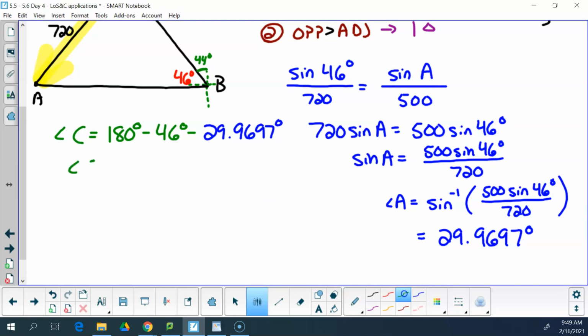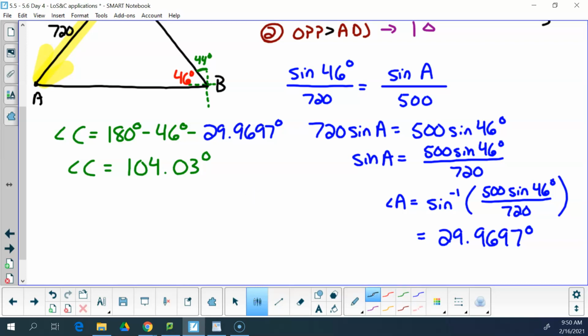And I get angle C is 104.03 degrees. Correct? Okay.